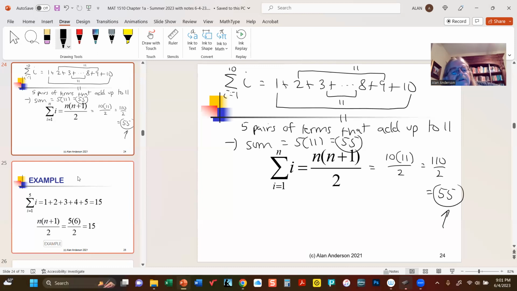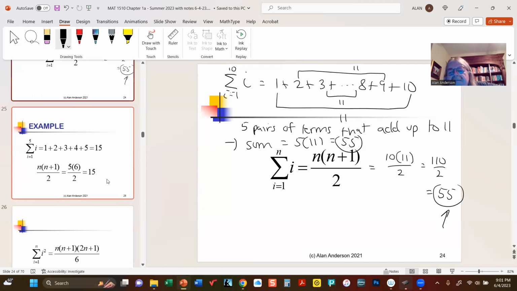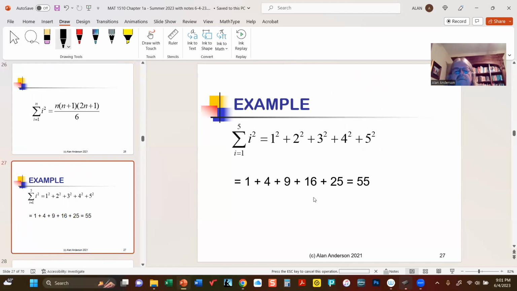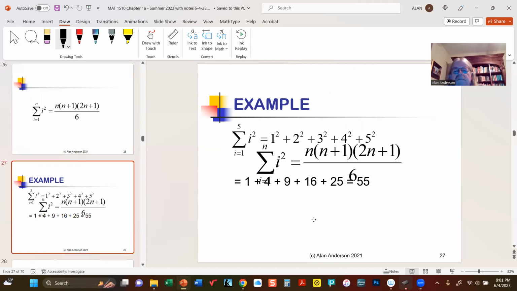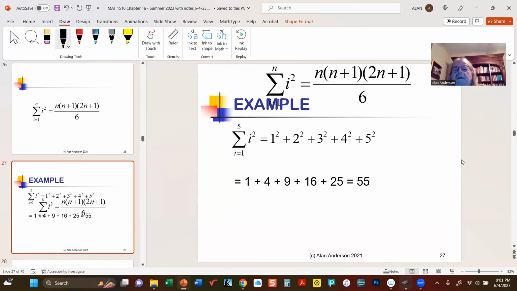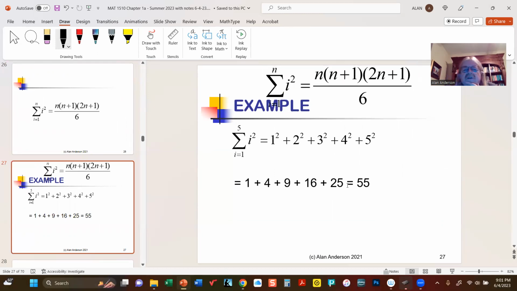Now, you can do something similar with i squared. Of course, of necessity, the formula is a lot messier. Let me just quickly show you an example. I'll put this up here so you can see the formula again. Let's say we're adding up the squares of the first 5 terms.